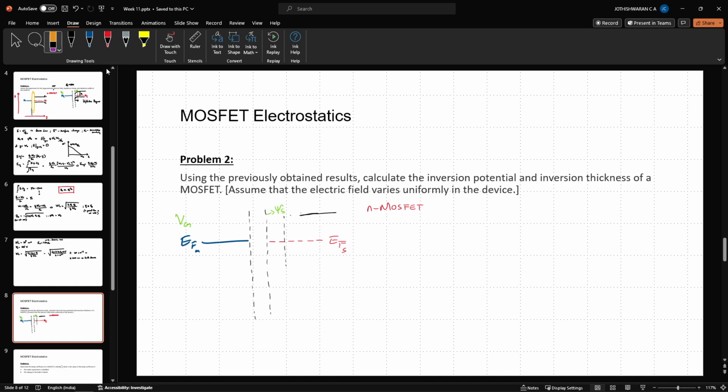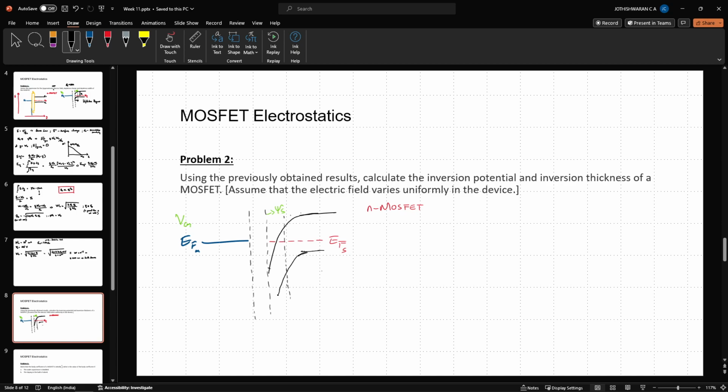So I want this much of a bending, and therefore correspondingly the valence band would have also bent by a commensurate amount.